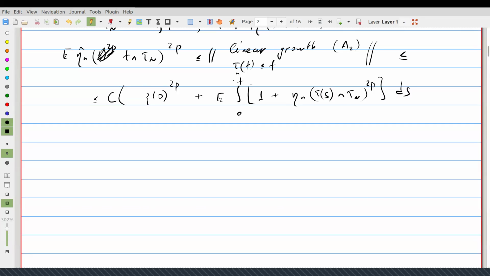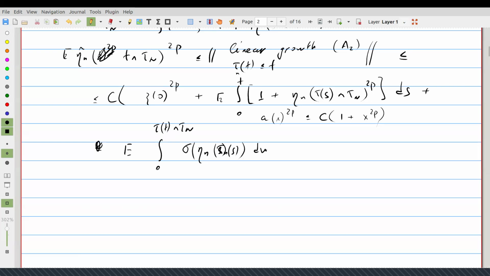ds, so this is what we get by using that |a(x)| to the power 2p is less than some constant times (1 plus |x| to the power 2p). Linear growth just taken to the power 2p. And we get here also the integral up to t minimum tau_N of sigma(s, η_N(tau_N(s))) dW_s to the power 2p.